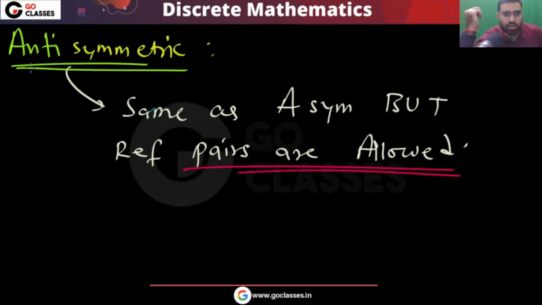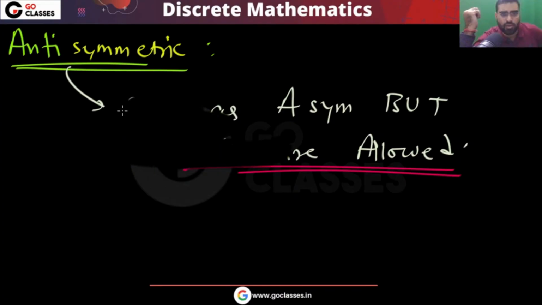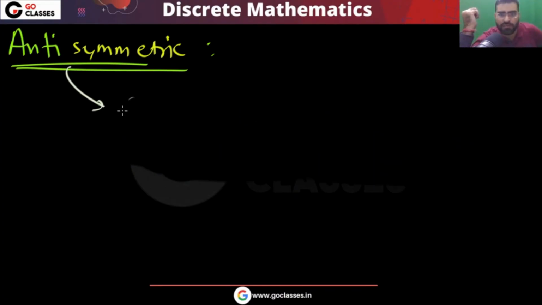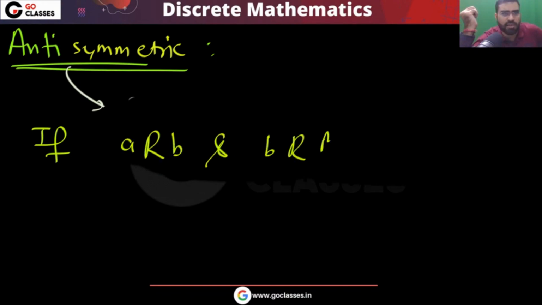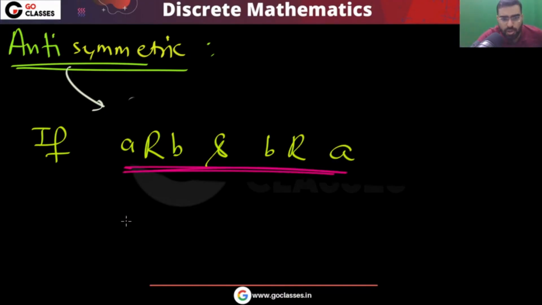So what is the definition of antisymmetric? Let me tell you, this is important. For antisymmetric, the most popular and most useful definition is this: if A is related to B and B is related to A, then they must be the same.